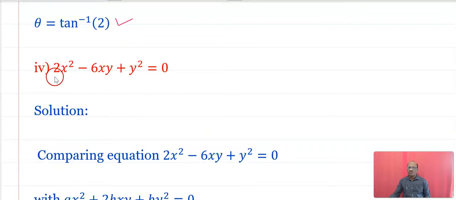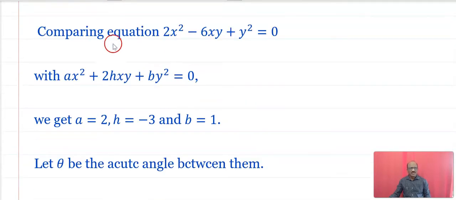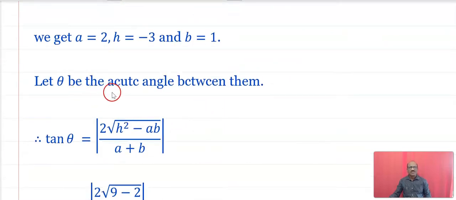Next example, 2x square minus 6xy plus y square is equal to 0. Now again comparing with ax square plus 2hxy plus by square is equal to 0. Here a is equal to 2, h is equal to minus 3, b is equal to 1. Let theta be the acute angle between them. Therefore tan theta is equal to mod of 2 into root of h square minus ab upon a plus b.